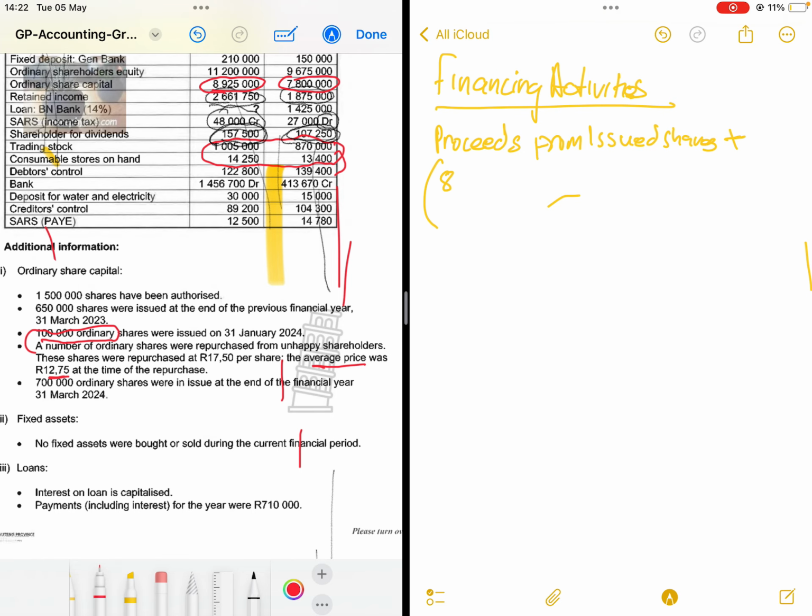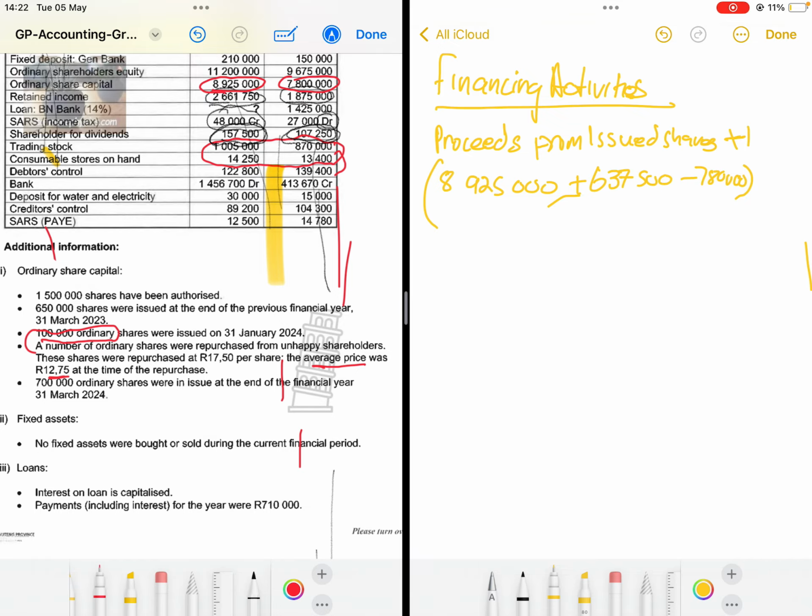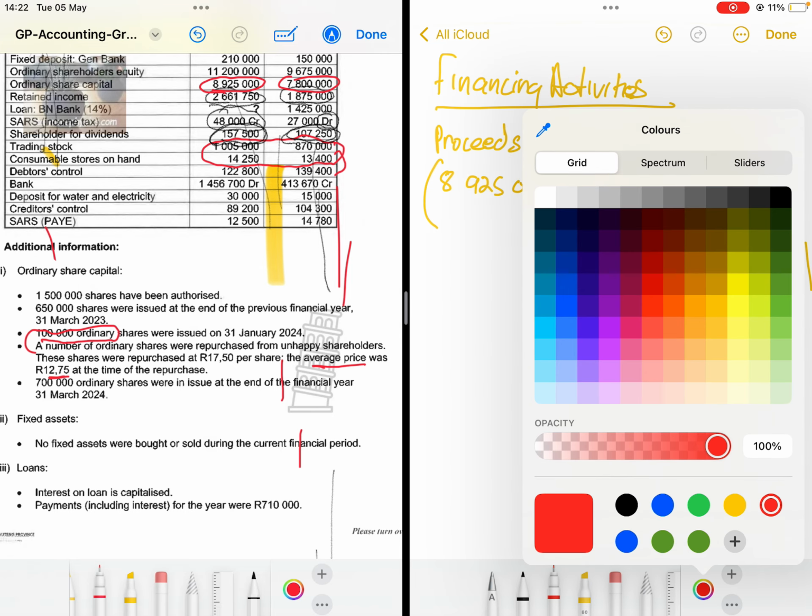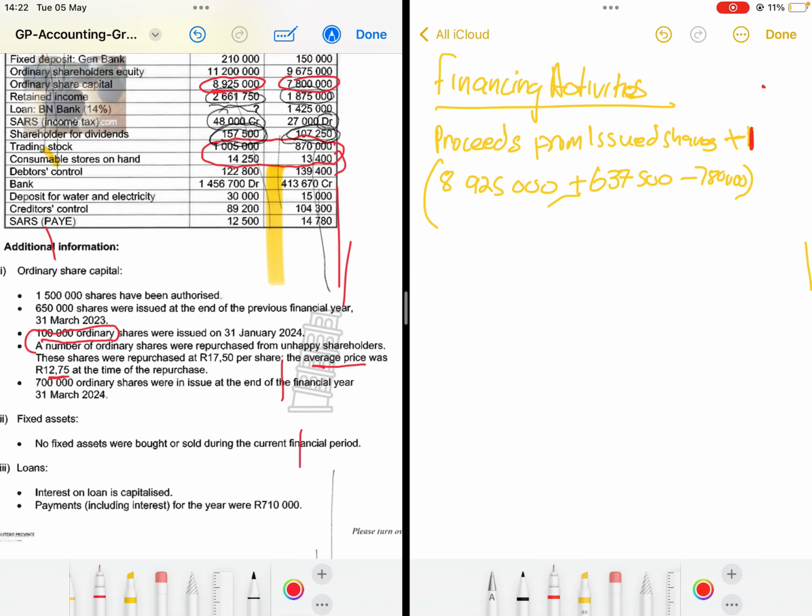So 8,925,000, then I added the 637,500 for the repurchases, I minus the beginning value of 7,800,000. Then I got $1,762,500.